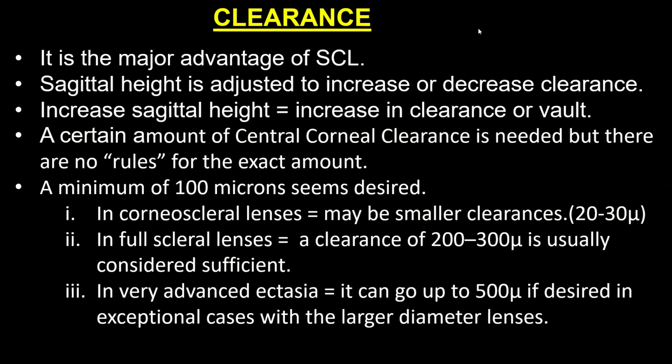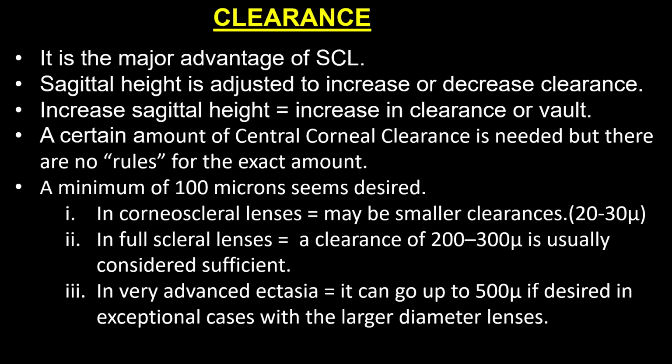Okay, now clearance is something important to be aware of in scleral contact lens fitting. The word clearance means how much space do you have? This is a major advantage of scleral contact lenses. Because the RGP sits on the cornea, there's no clearance, no space at all.